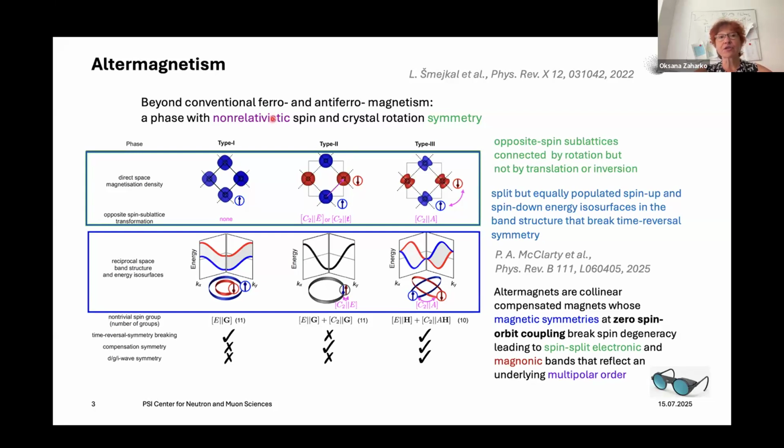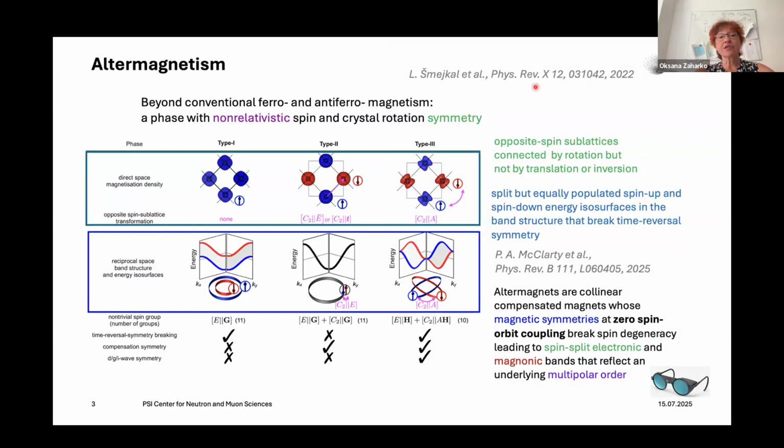Therefore, we can use spin groups to describe the symmetry properties of the material. In real space, in the crystals, we are then confronted with opposite spin sublattices. We are talking about classical spins, up and down arrows, but they are connected by rotation, not by translation or inversion.